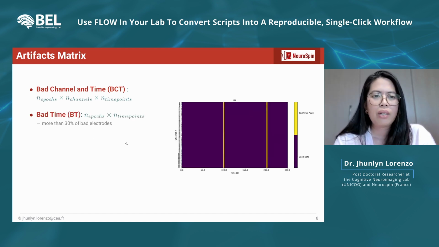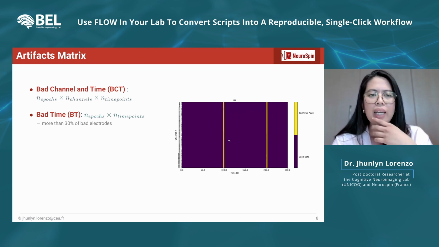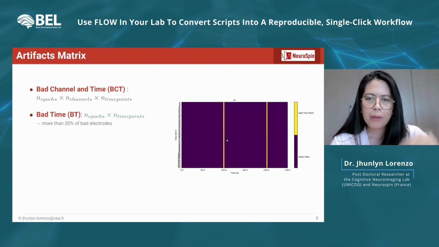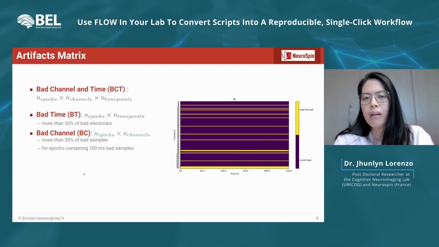We have another matrix called bad time, which determines the bad time points, defined as the time points wherein more than 30% of the channel samples are considered bad. And we have another matrix called bad channel. These are the channels whose samples are bad for more than 30% of the recording.